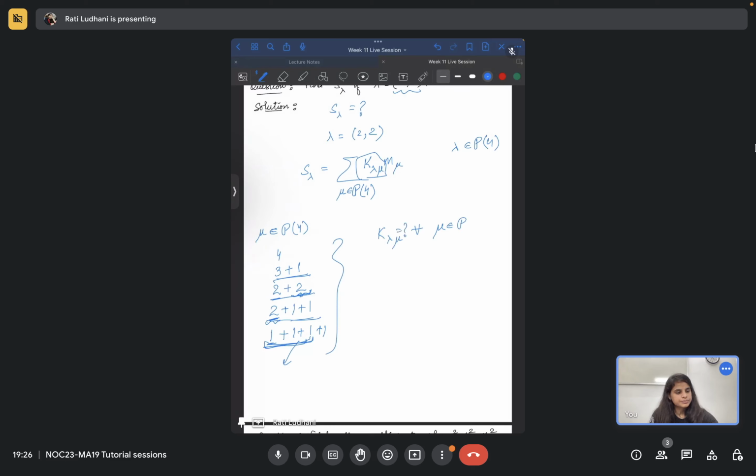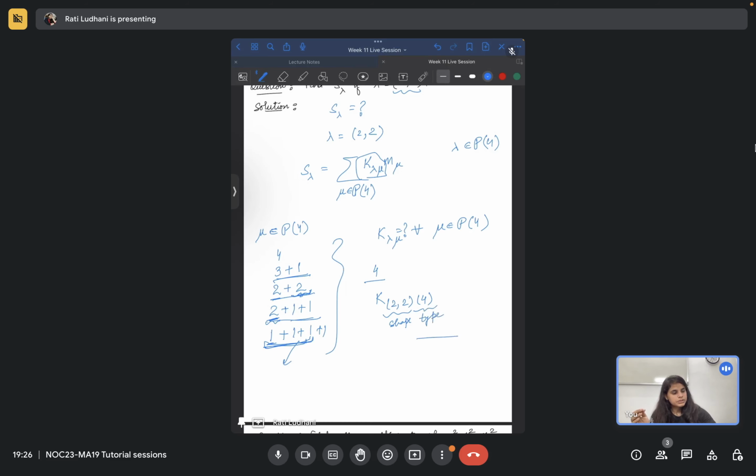So let's start with 4. K lambda is given to be 2 comma 2, and mu is 4. This is a way we write the partition. So you have k 2 comma 2 and this is 4. This is your shape and this is the type.